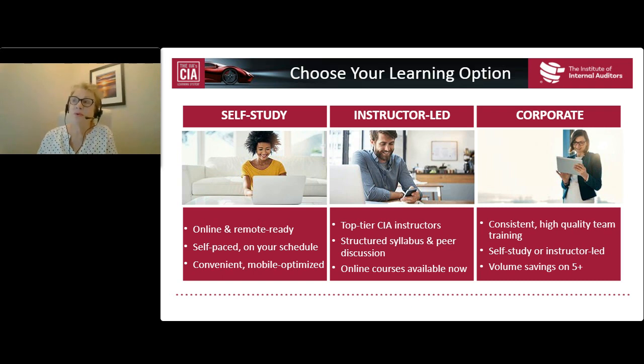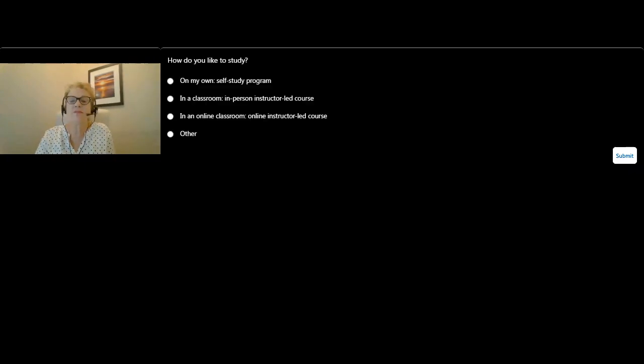And then they'll go through Part 2 as well. The Part 2 curriculum is all about IIA methodology, so it's a great refresher, even for people who have been practicing internal audit for a number of years, but also really sets the stage for getting you ready for that CIA exam. So corporate opportunities are available as well.